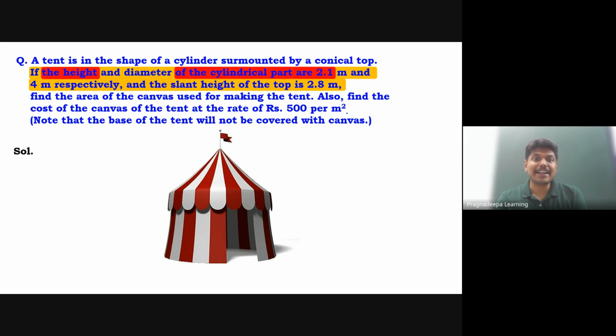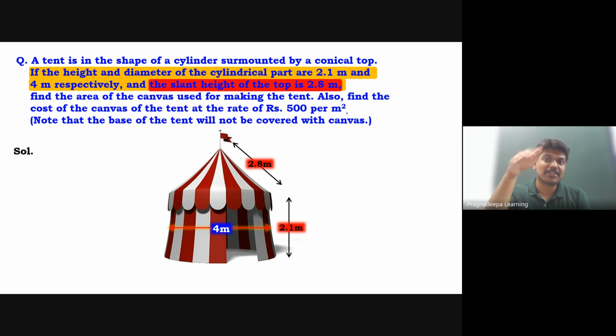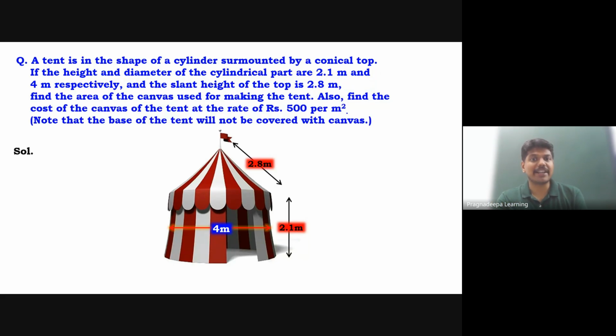If the height of the cylindrical part, so please understand they are talking only about this part, is 2.1 meter, and the diameter of the cylindrical part is 4 meters. And the slant height of the top, yesterday we saw the difference between the height and slant height of the cone, hopefully you remember, it's 2.8 meters.